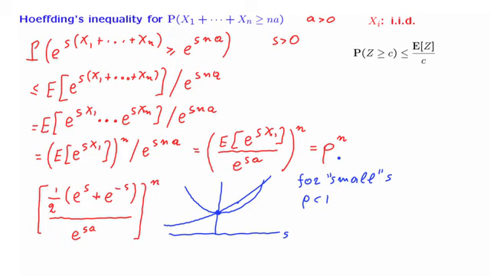Now we would like to get an explicit value for ρ, and we will do that by fixing a specific value for s. It turns out that if we set s to be equal to a, then the bound that we get is going to be that this probability here is less than or equal to e to the minus na squared over 2.